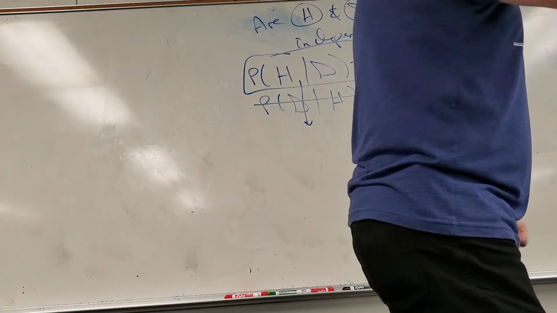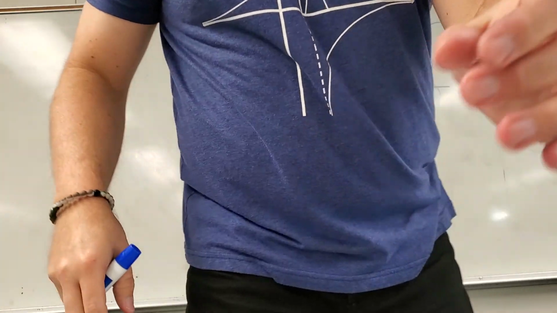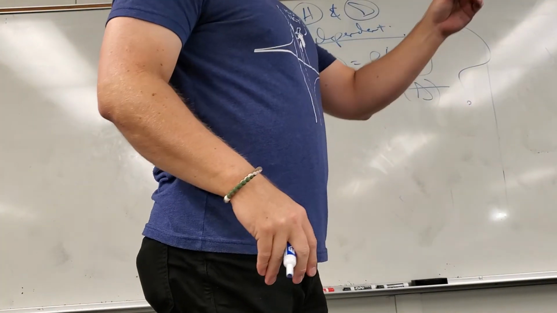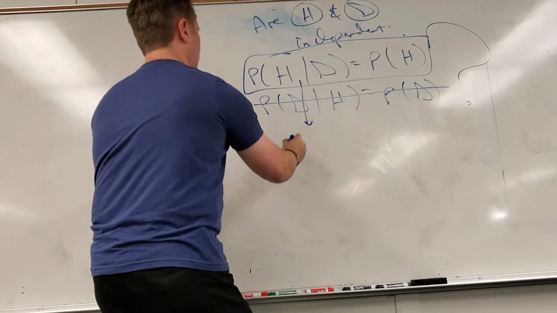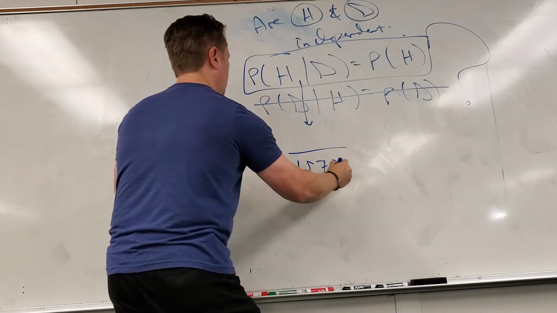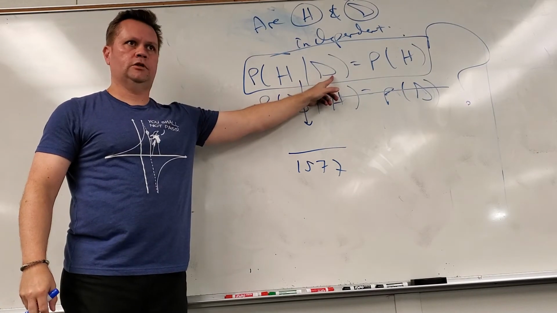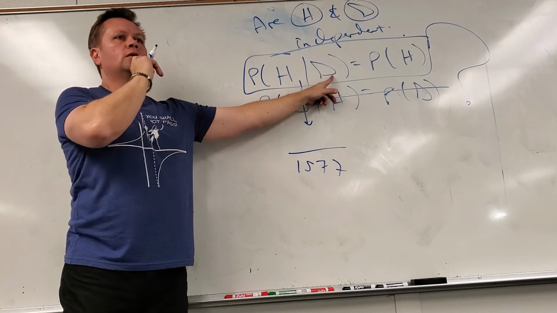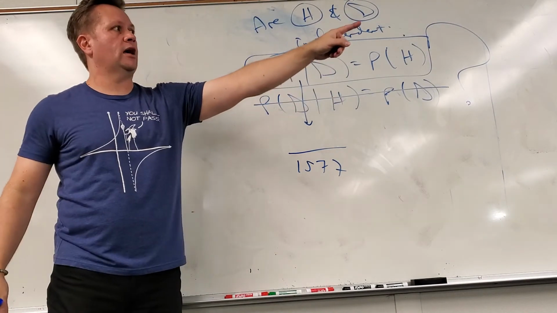How many hits could it have been? 1577 maybe? Yeah. Given that it's a double, how many things could it be? 1577, because I know it's a double, so it's got to be out of those 1577.